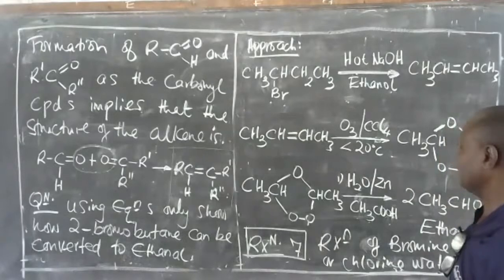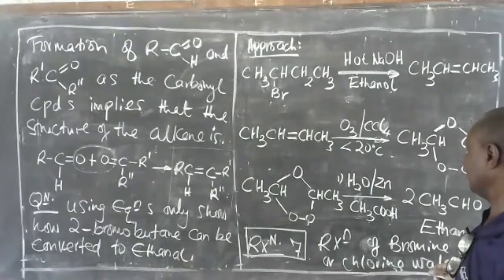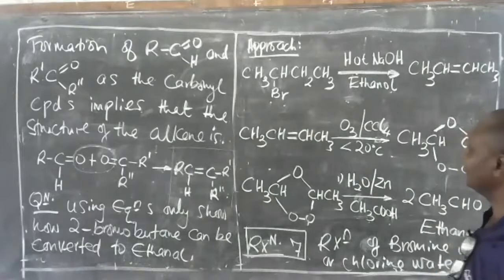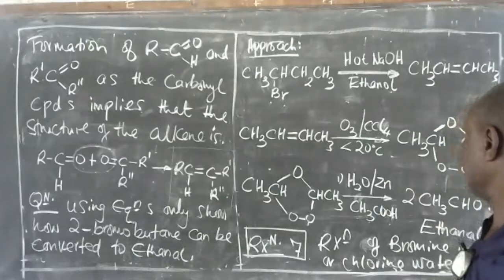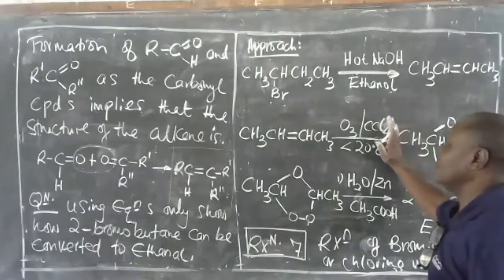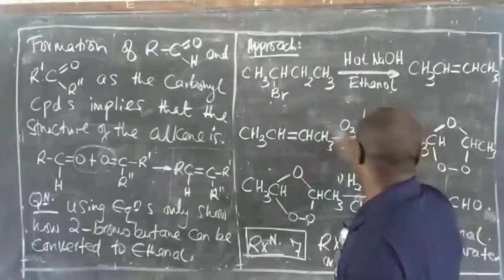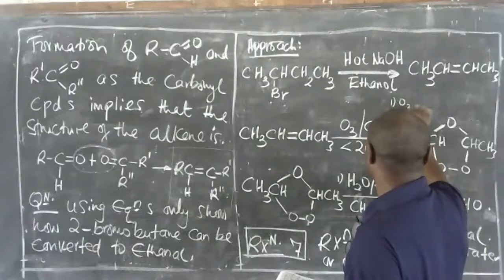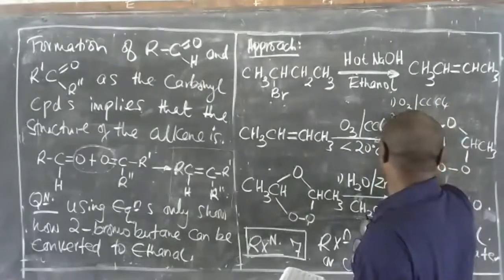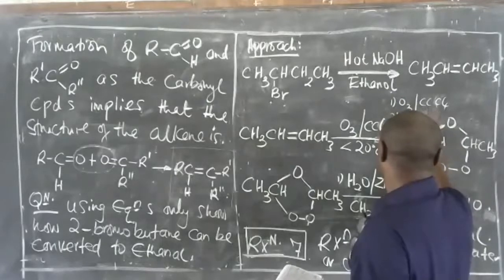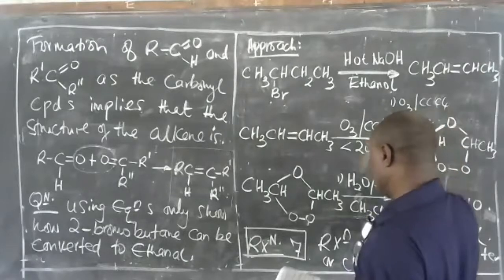You write like the last examples you're giving us: oxygen and carbon tetrachloride up and down, water and zinc. It's okay. If you want, you can jump this one and go directly: ozone, carbon tetrachloride, then water, zinc, acid. It's okay.